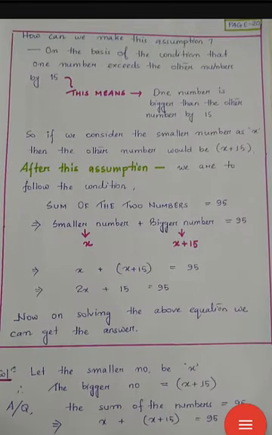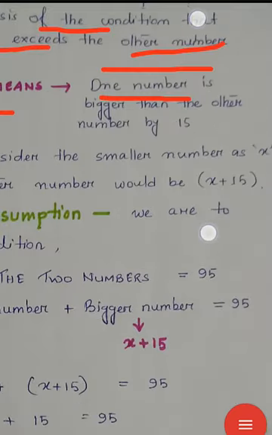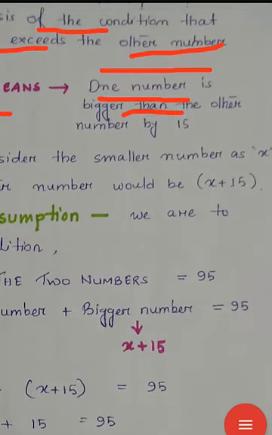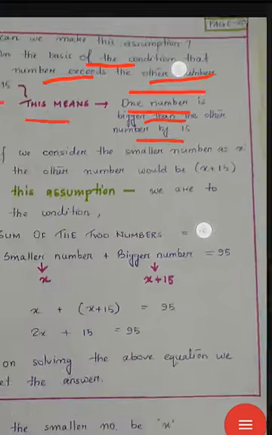Now, how to make this assumption? On the basis of the condition that one number exceeds the other number by 15. This means if one number is x, the other number should be x plus 15. That means one number is bigger than the other by 15.